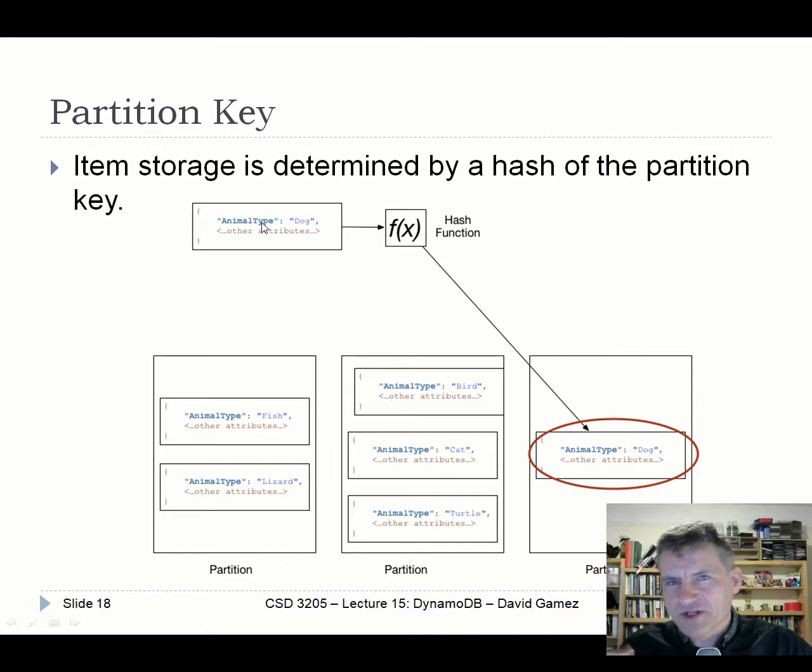In order to store this item, it generates a hash of the partition key, dog in this case, and uses the hash to choose where to store the item. Because the hash comes out to some value, it sticks it in this partition here. If we did a hash of bird, it would put it here, or a hash of cat would end up here, and a hash of fish would end up here. And obviously that enables them to store your item across a large number of different SSD drives if it's a large table.